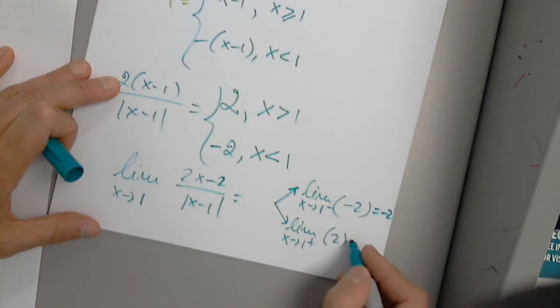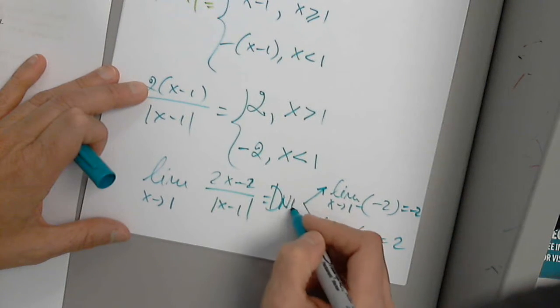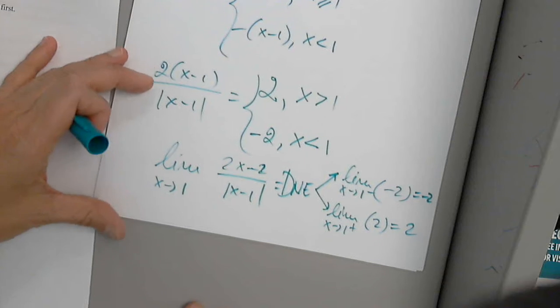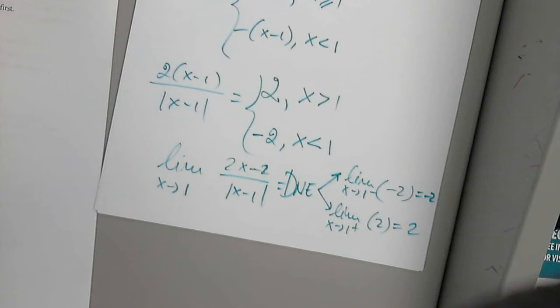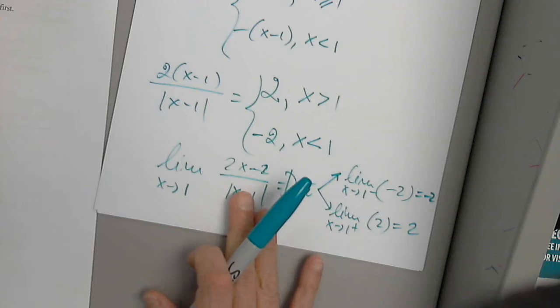The first one is negative 2, the second one is 2, so obviously there is no answer for the limit from either side. Is this okay? Any questions here? Okay.